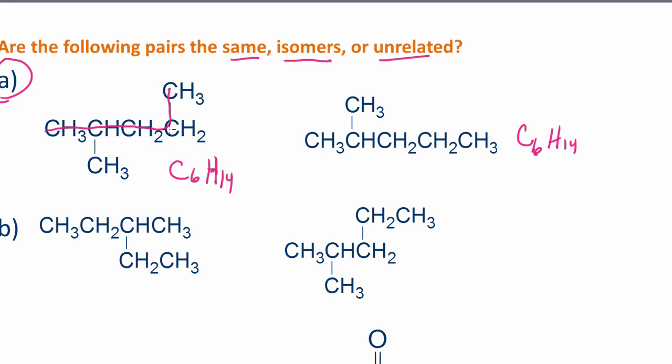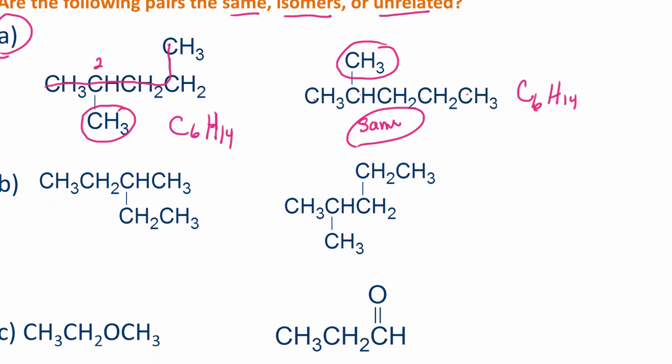That's 1, 2, 3, 4, 5 carbons in the longest continuous chain. And we have this branch point here on carbon number 2. Okay, well, guess what? The longest continuous chain here is 5 carbons, and this branch point is on carbon number 2. These are the same. They are not isomers.